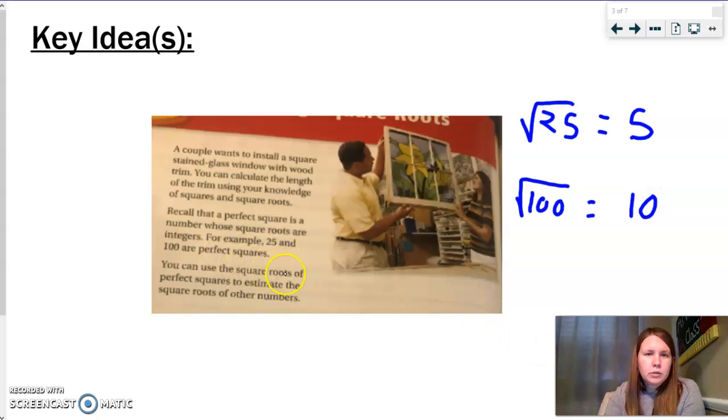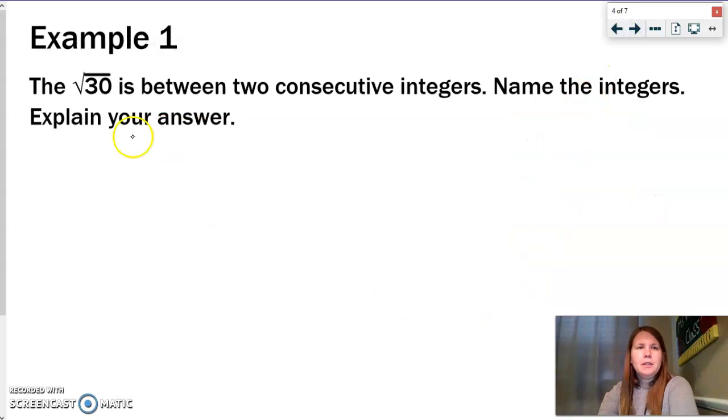You can use the square roots of perfect squares to help you estimate the square roots of other numbers. And that's what we're going to do today: use our already known knowledge of these to help us estimate non-perfect squares. So our first example, and this is always tricky to type out square roots on here, is: the square root of 30 is between two consecutive integers.